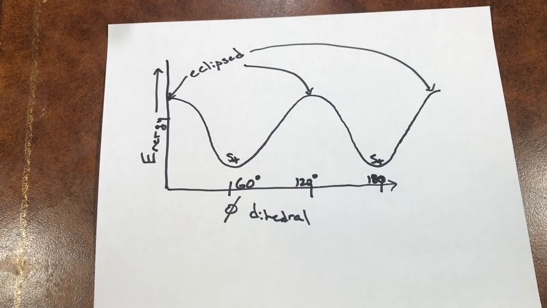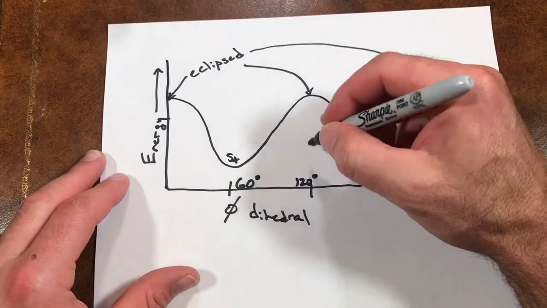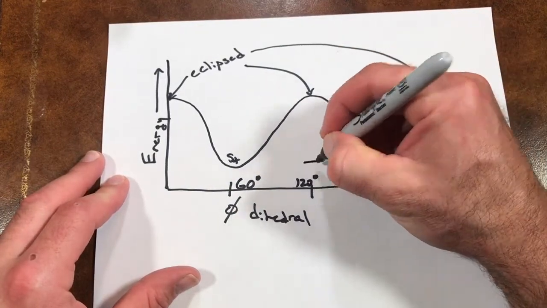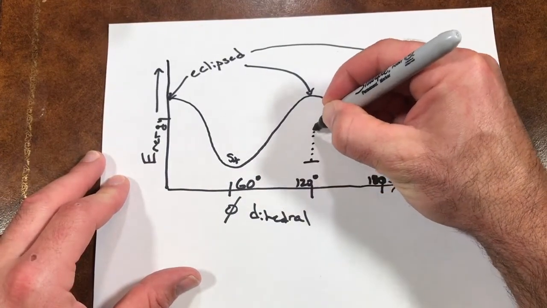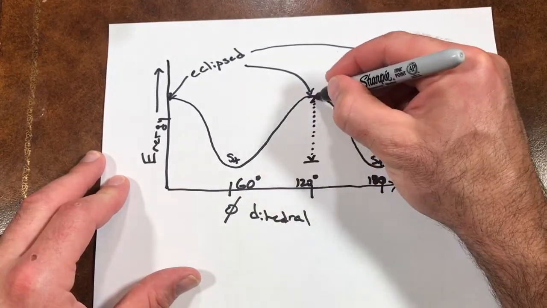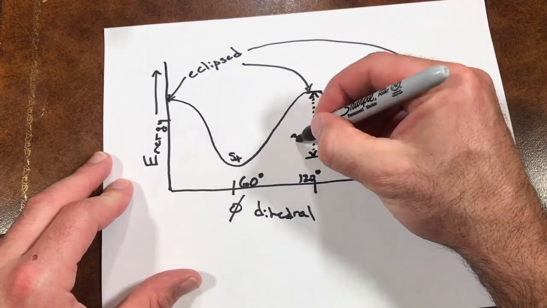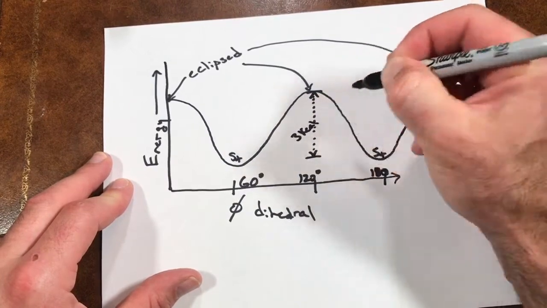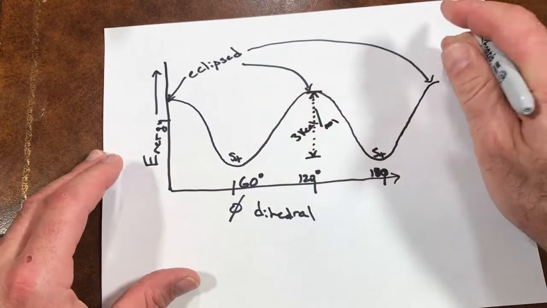And of course we could go 360 degrees if we wanted to. In fact, I think in your book it has this. But the important thing to know is that the total distance between the trough and the peak is equivalent to just about 3 kcals per mole.